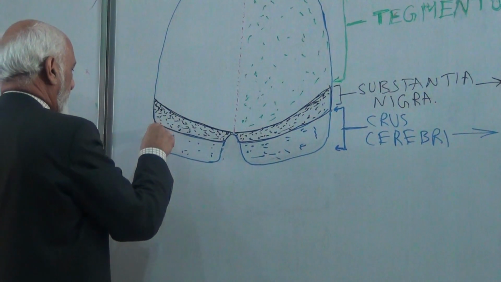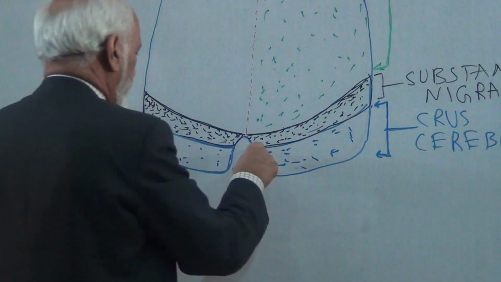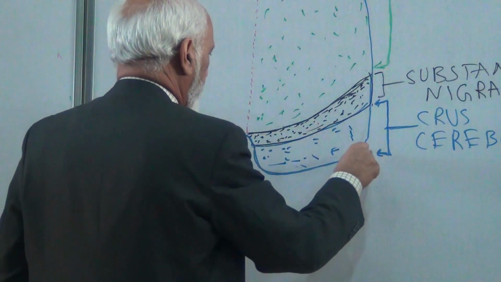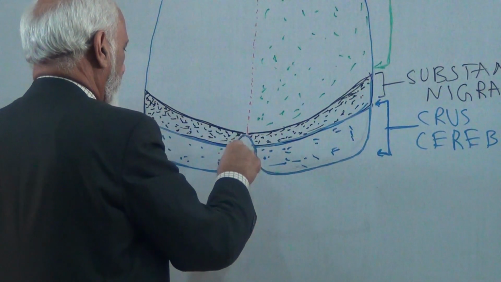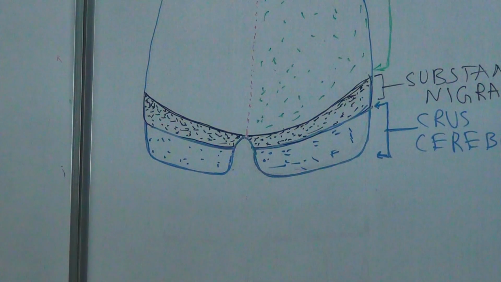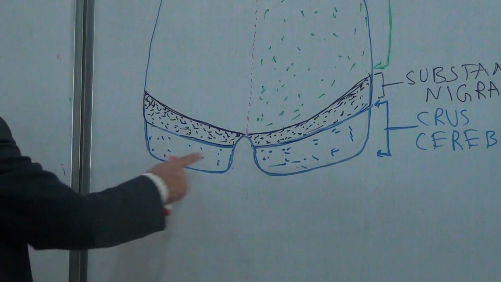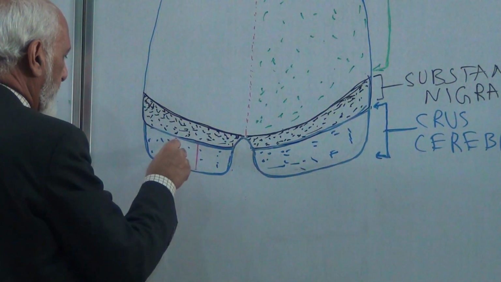Now, this is the right crus cerebri, and this is the left crus cerebri, separated by the interpeduncular fossa in the middle. Now each crus cerebri we divide into 3 parts.